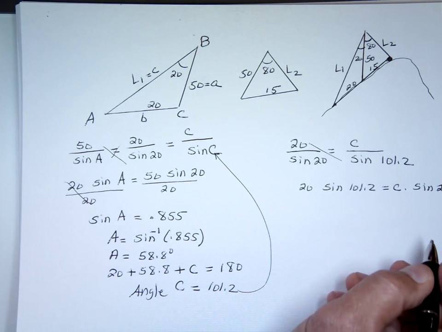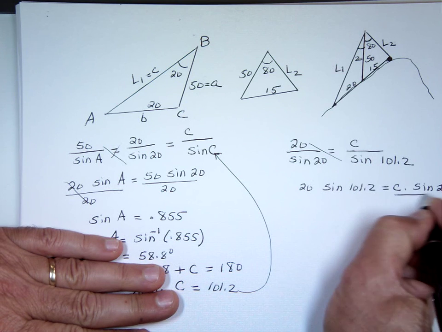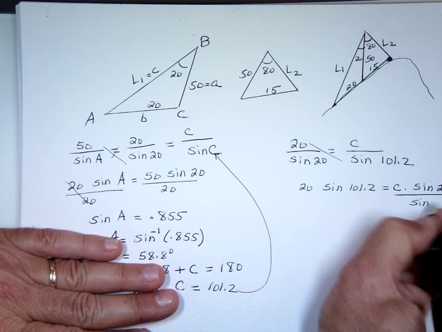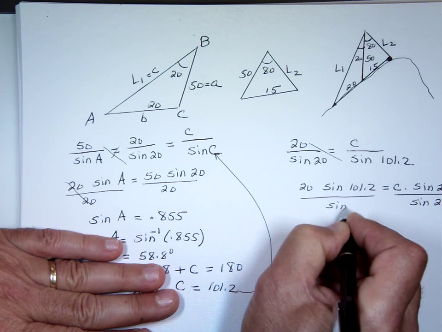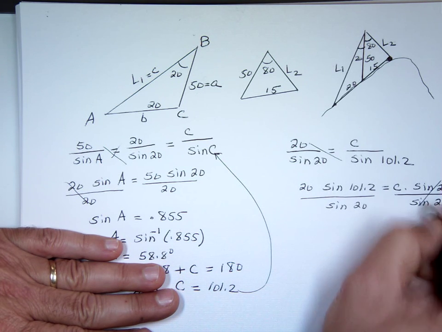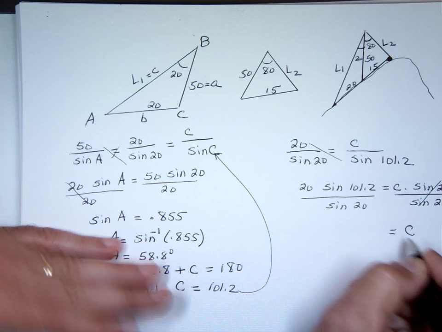Again, to get rid of that, you divide both sides by sine 20. C equals, that's not the angle, that's the side.